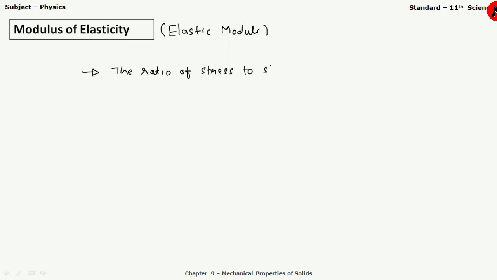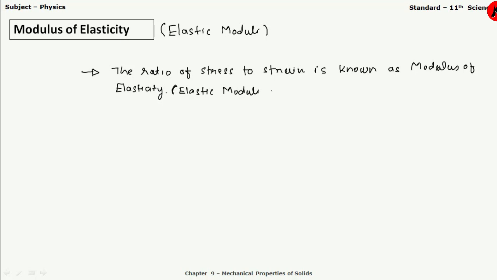The ratio of stress to strain is known as modulus of elasticity, or it can also be known as elastic moduli. Both are the same.